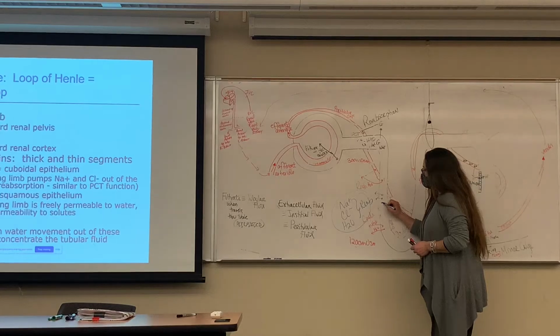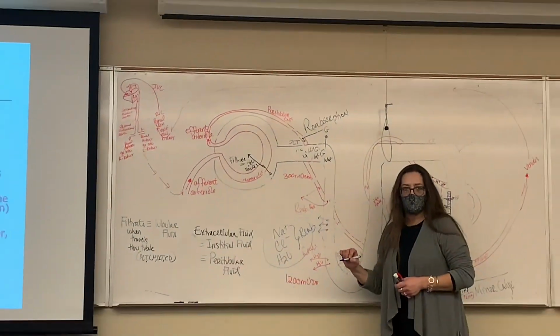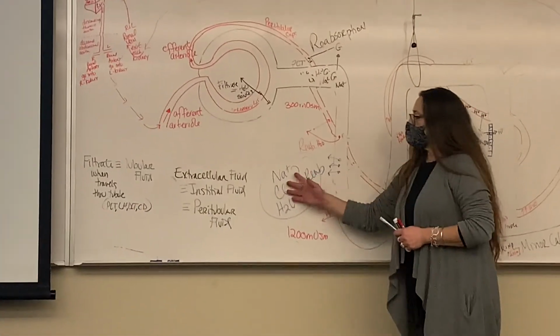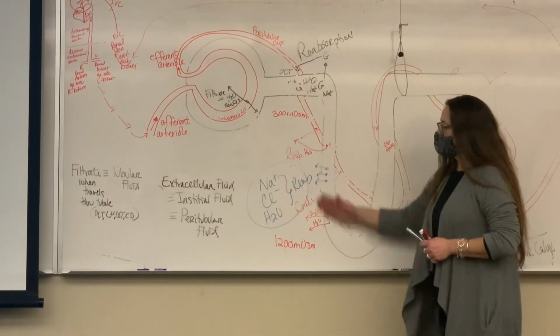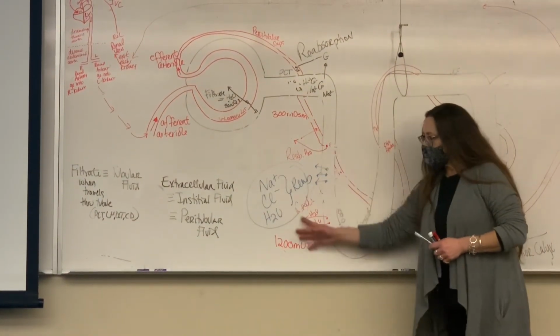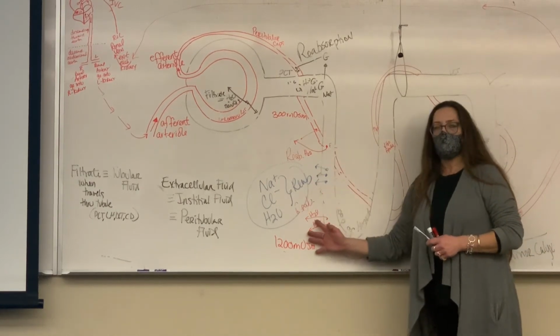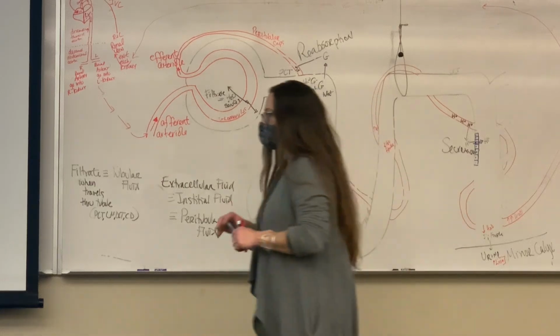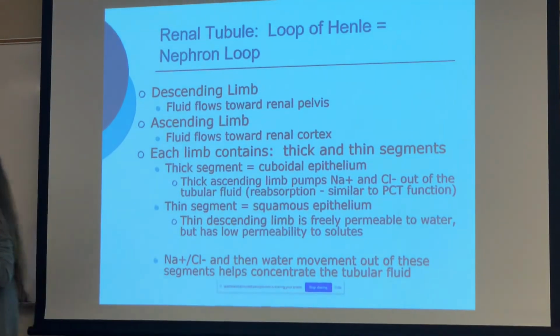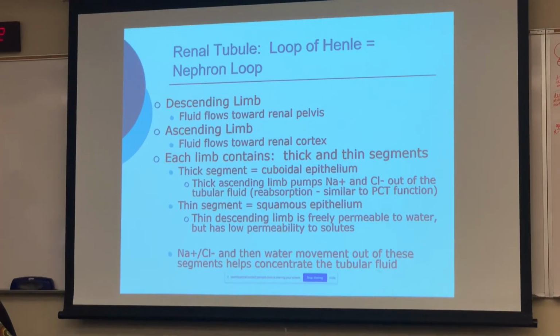So sodium, chloride, and water are going to get reabsorbed here at the loop of Henle, and we'll see how that whole process works through countercurrent multiplication. We'll do that on Wednesday. That's not the only thing that happens there, but that's what we're going to focus on.